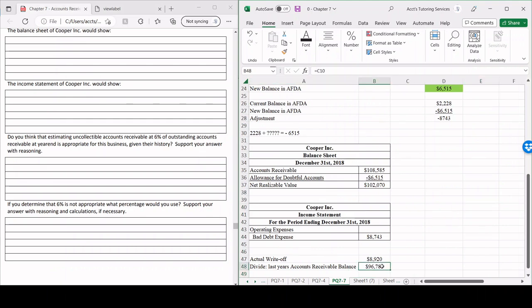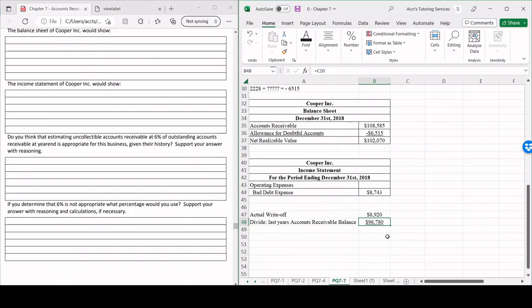And then this is going to give us how much of the actual write-off was in terms of percentage of total accounts receivable. So 8,920 divided by 96,780 gives us 9.2%. So this number is a better representation of what is deemed to be uncollectible of total accounts receivable. So going forward, we should use 9.22% instead of 6%.